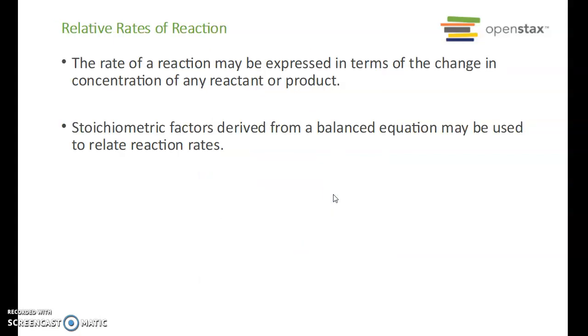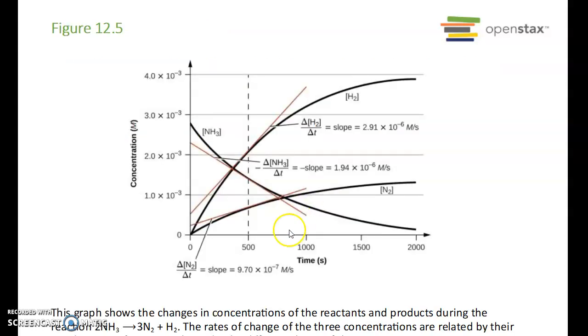The rate of reaction may be expressed in terms of the change in concentration of any reactant or any product. Stoichiometric factors derived from a balanced equation may be used to relate reaction rates. Here you can see that initially you have ammonia, and it's decreasing, and from that you are forming nitrogen gas and hydrogen gas.